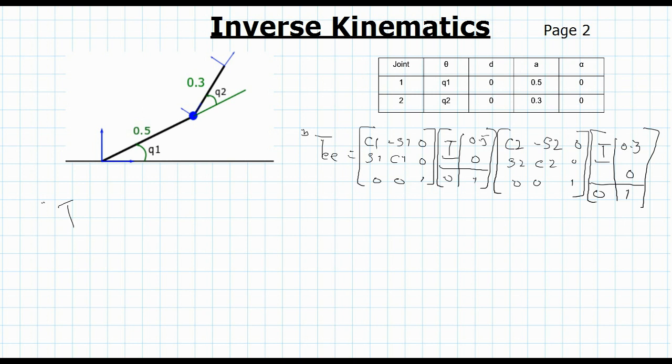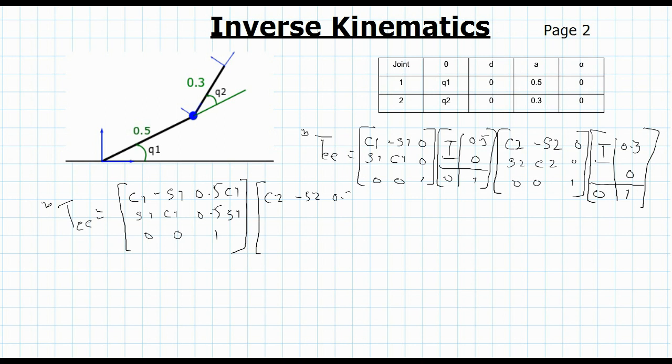Let me write here: the transform from base to the end effector is equal to, the first matrix is C1, minus S1, 0.5 C1, S1, C1, 0.5 S1, 0 0 1, and we multiply it with C2, minus S2, 0.3 C1, S2, C2, 0.3 S1, and 0 0 1.